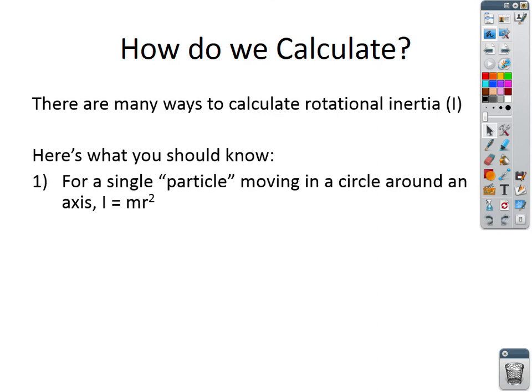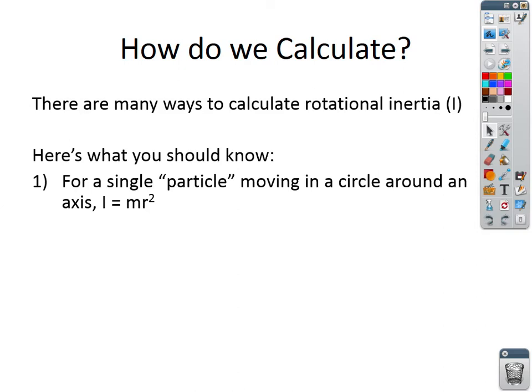For a single particle, if I have something at the end of a string, like swinging around a yo-yo with the plastic yo-yo at the end, anything moving around in a circle, that's a single particle. Same thing with a person on a merry-go-round. Each person is a single particle.